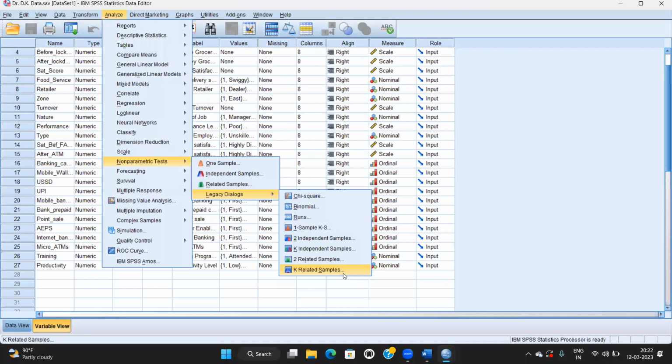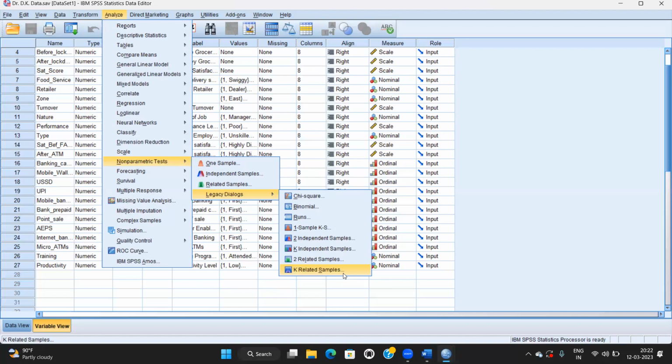Like that, here, non-parametric tests: independent samples test and related samples test. Independent samples test is further divided into 2 independent samples test and K independent samples test. Related samples test is further divided into 2 related samples and K related samples.